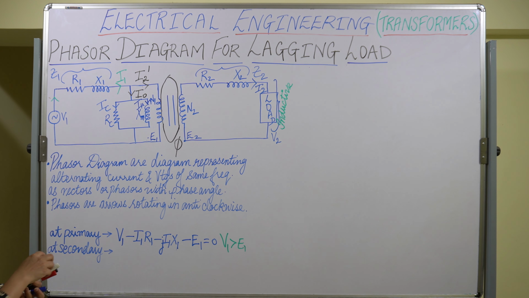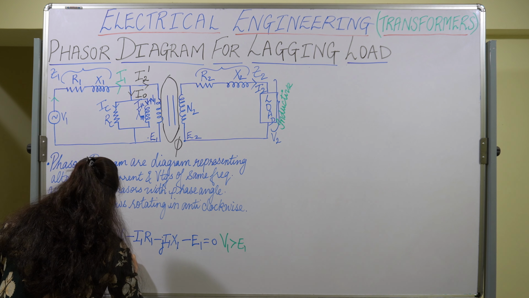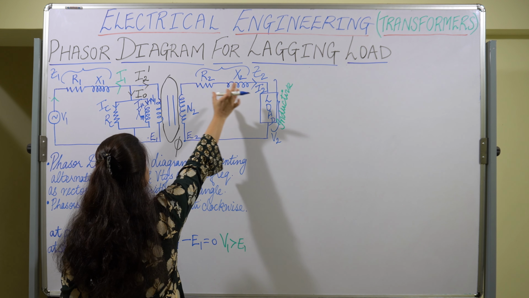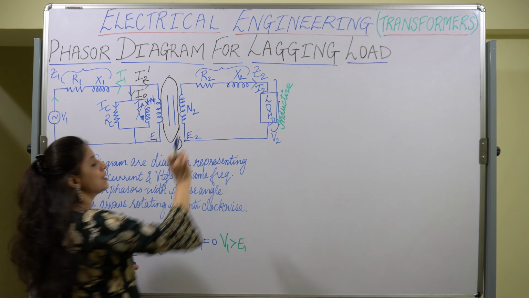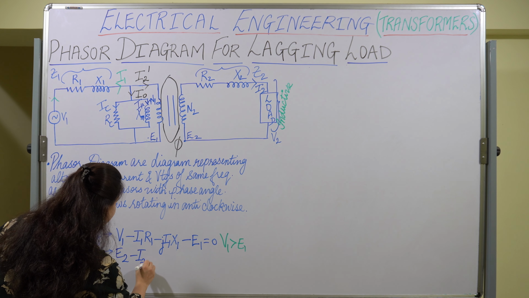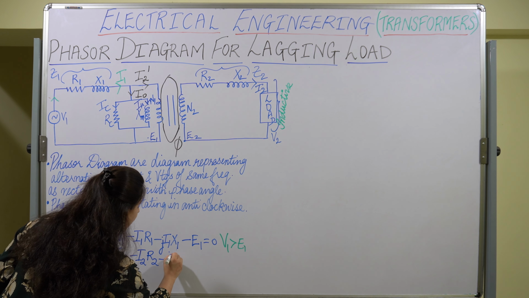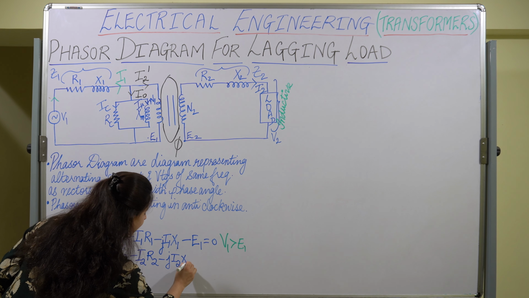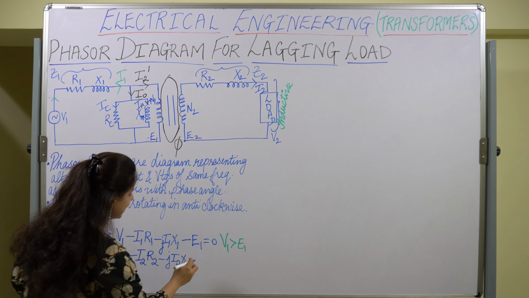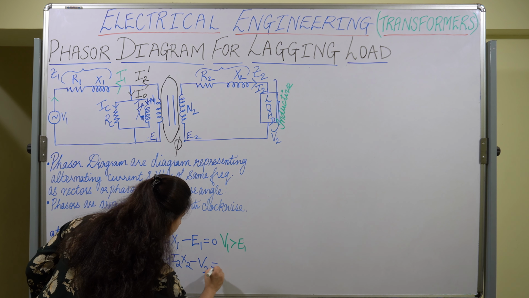So it is E2 over here, minus the voltage drop across this resistance and the voltage drop across this reactance, so minus I2 R2 minus j I2 X2, and the terminal voltage which is being set up over here, minus V2 is equal to 0.